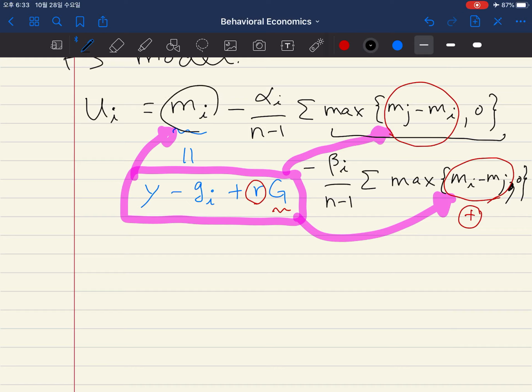So instead of Mi, we write down this expression, and instead of Mj, using the similar expression, we can say Mj is Y minus gj plus RG. So we replace Mi and Mj using this payoff expression for public good game. Then we can rewrite individual i's utility as follows.